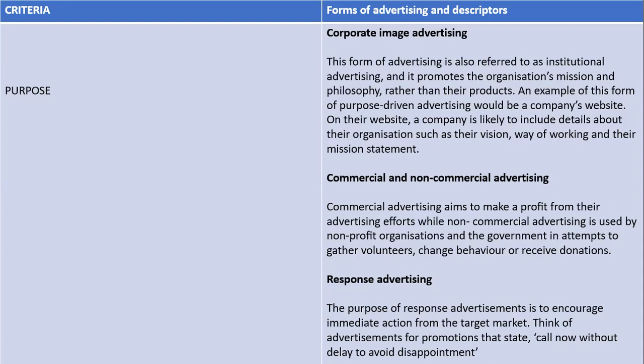An example would be a company's website, where you find all the best things that they do: their mission, their vision, their goals, whatever they have done in the past that gives them an edge over their competitors. Their work ethics, things like that. It's being promoted because it's about the company itself, not about the products that they are selling.